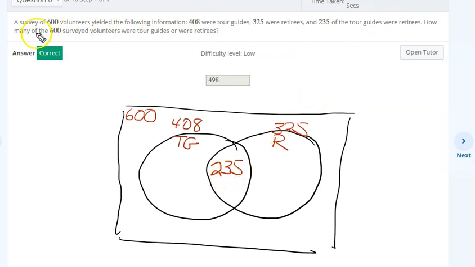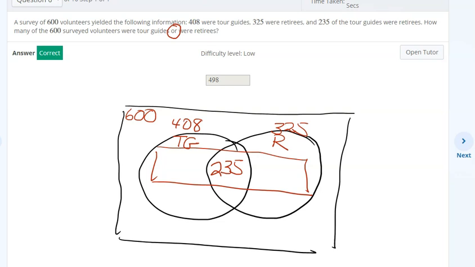How many of the 600 surveyed were tour guides or retirees? So here, again, the key was, what is our intersection? Because now we have to subtract this from the 408, this from the 325, and then add all of these together, and that will add up to 498.